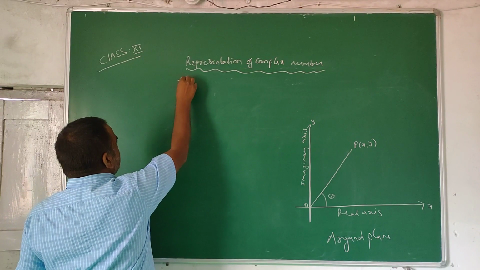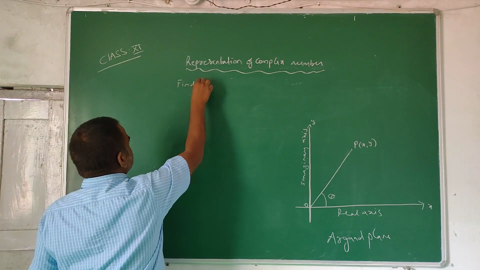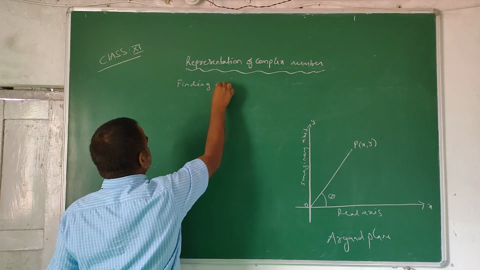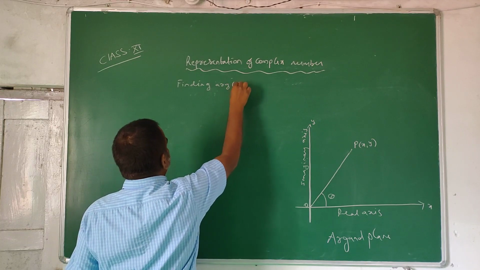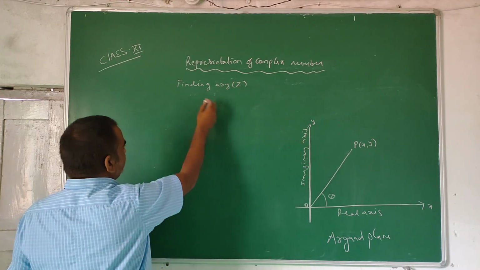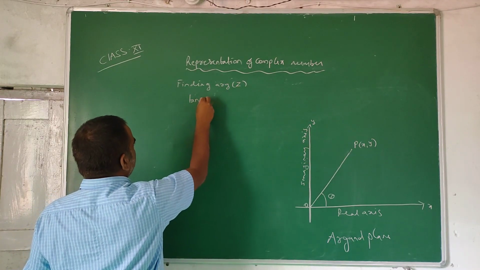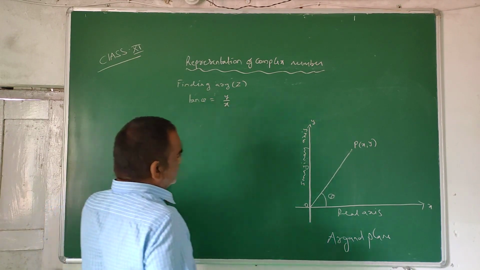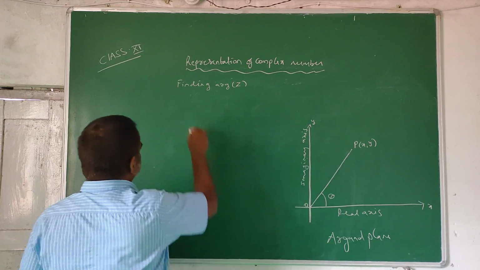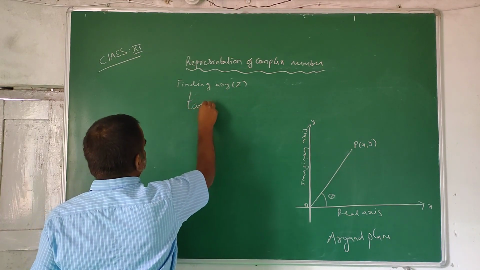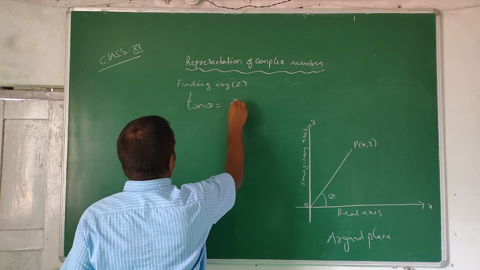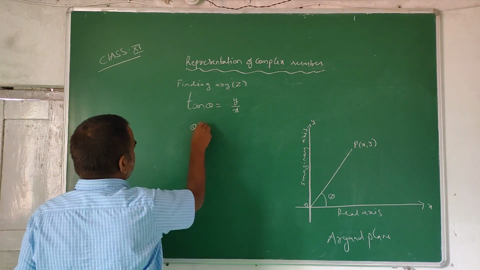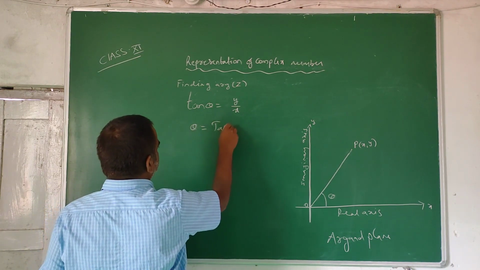Now finding argument of z. See, from trigonometry we have tan theta is equal to y by x. You have learned in trigonometry tan theta is equal to y by x. Then theta is equal to tan inverse y by x.